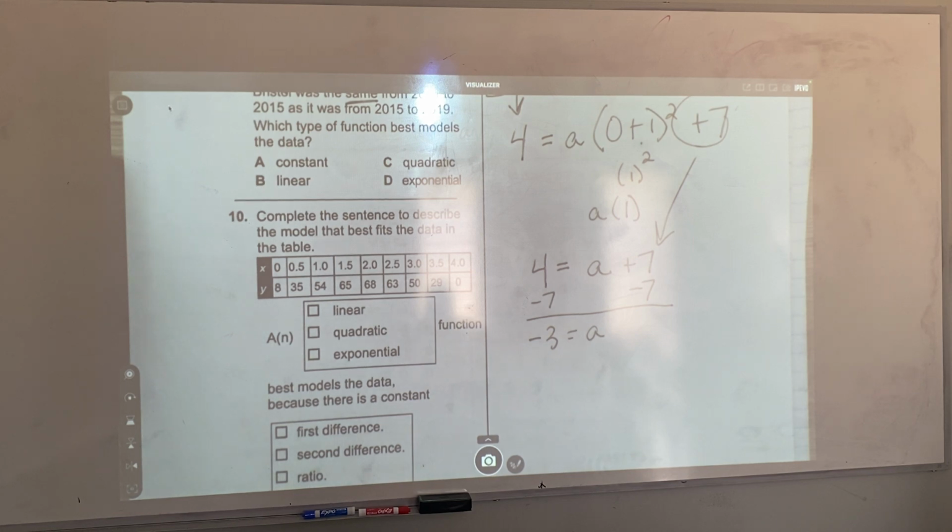What would a constant look like on a coordinate plane? Think of what the word constant means.